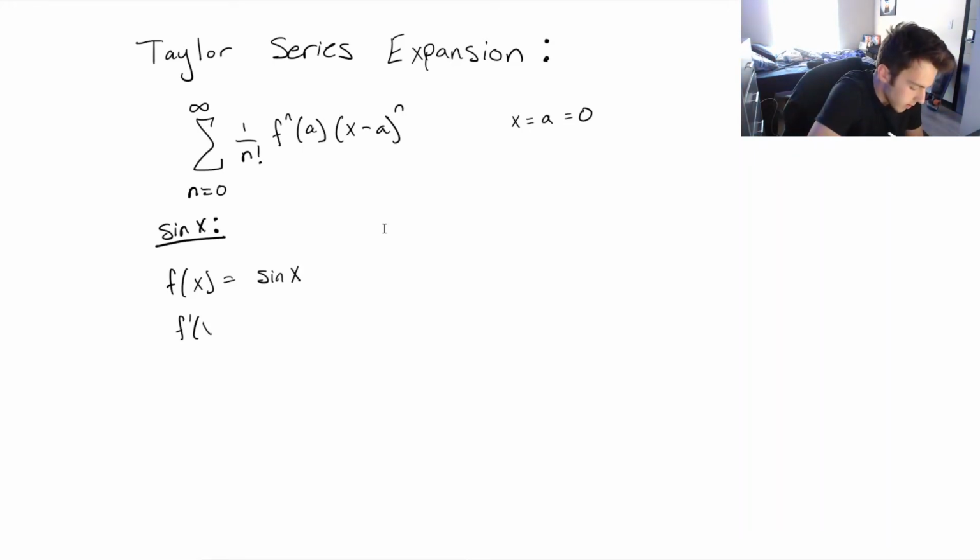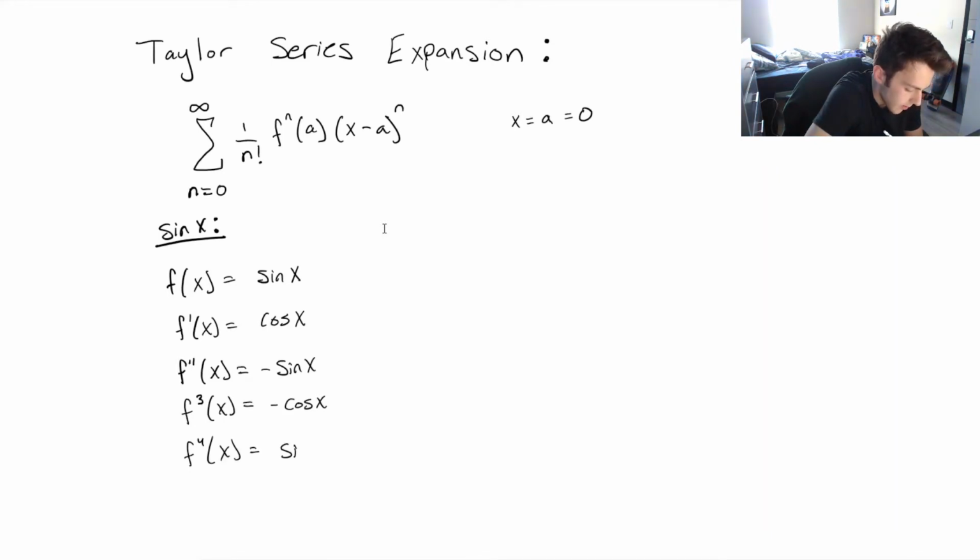The derivative of this is going to be cosine of theta, or cos x. And I'm going to keep taking this derivative a bunch of times. The second derivative is minus sine x. The third derivative will be minus cos x. The fourth derivative will then go back to sine of x, and then by the fifth you're going to see that it starts to repeat itself.